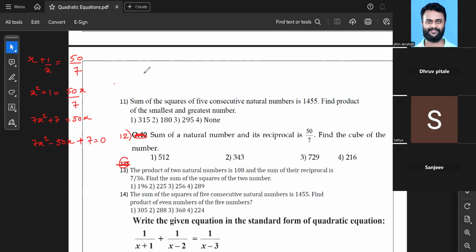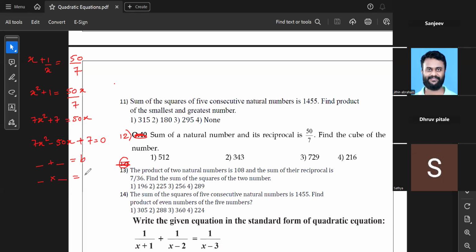Now you know that you need two numbers which when added give you b, which is the center number, and which when multiplied give you the product of a and c. Product of a and c in this case is 49. So two numbers, when we multiply them we should get 49, and when we add them we should get -50.